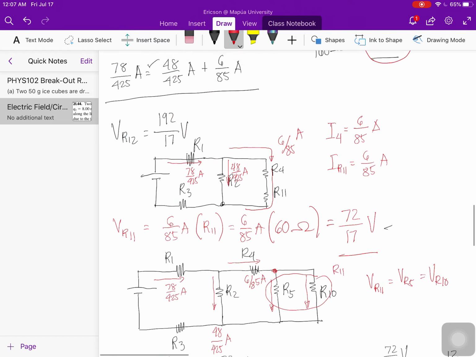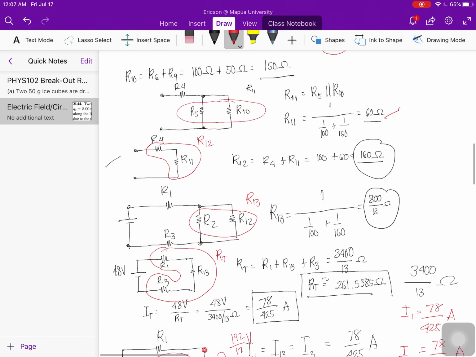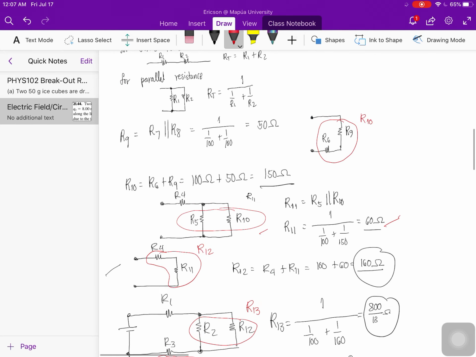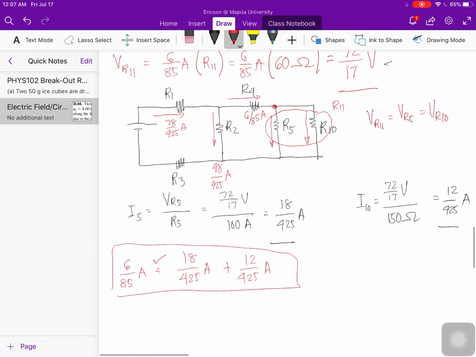Okay? So, nandun na lang tayo sa nasa bandang dulo. So, nasa R10 tayo. Ang R10, lastly, ito yun. Ang R10 ay R6 parallel to R9. So, pag na-redraw natin, nandito na tayo.